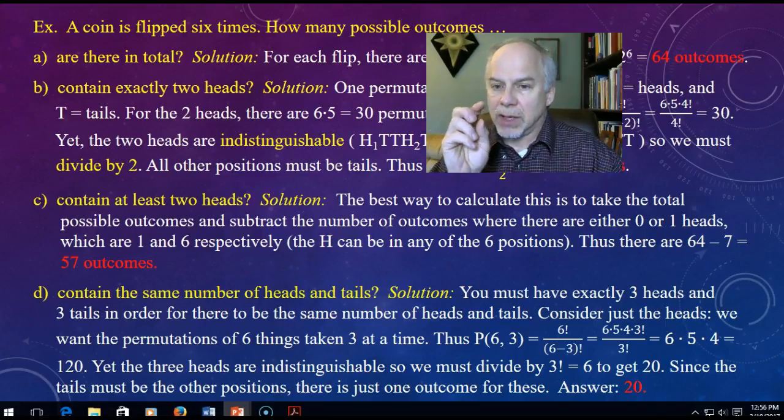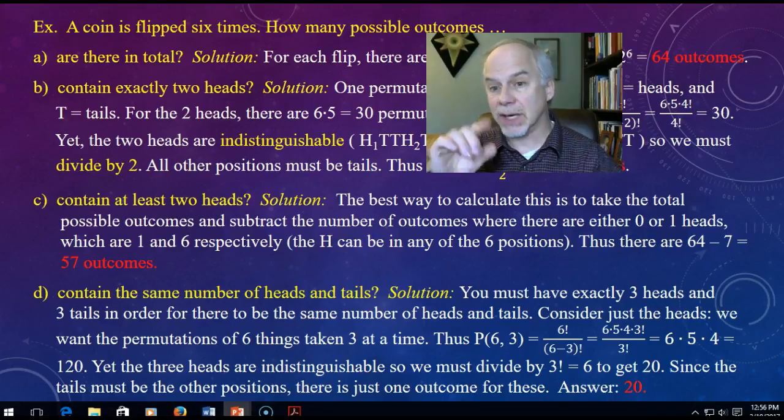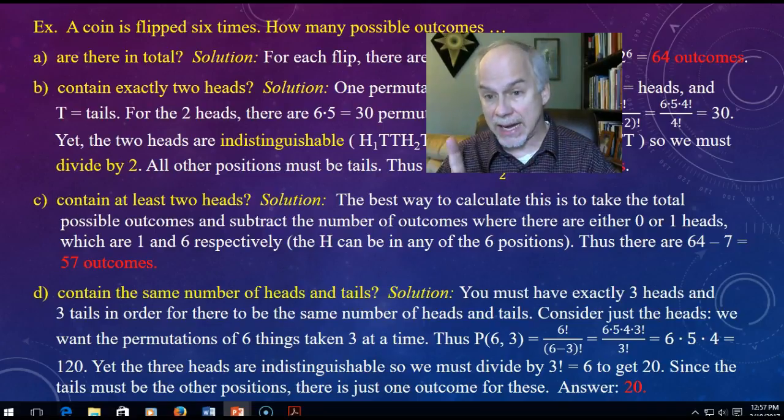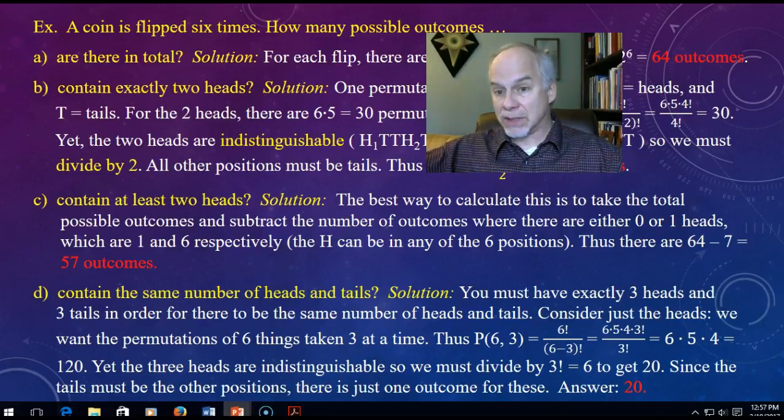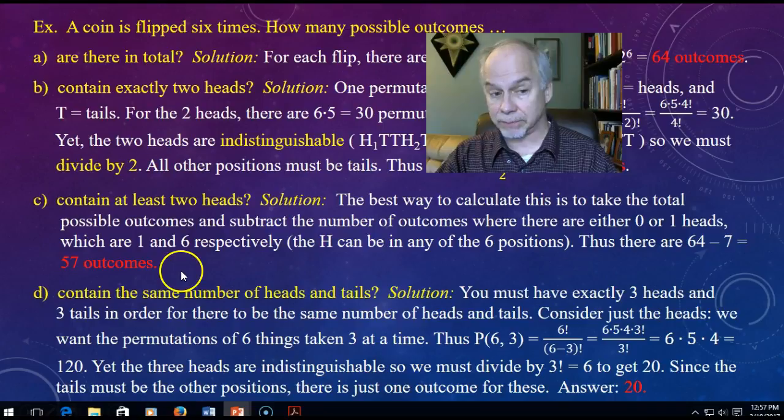And so there's one way to get no heads and 6 ways to get 1 head. And so there's a total of 7 ways to get either 0 or 1 head. Now subtract that from the total possible ways, which are 64. So 64 minus 7 gives you 57 possible outcomes.